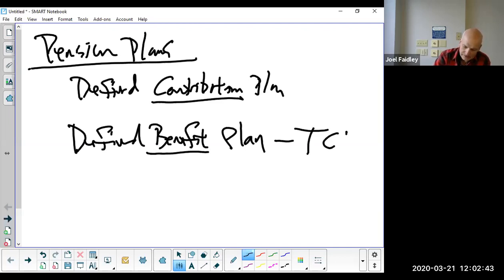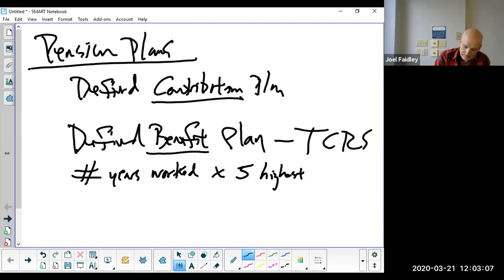Tennessee has what's called the TCRS, Tennessee Consolidated Retirement System. And it is based on number of years worked times, used to be, your 5 highest salaries averaged, times a factor, which is usually around 1.5%.